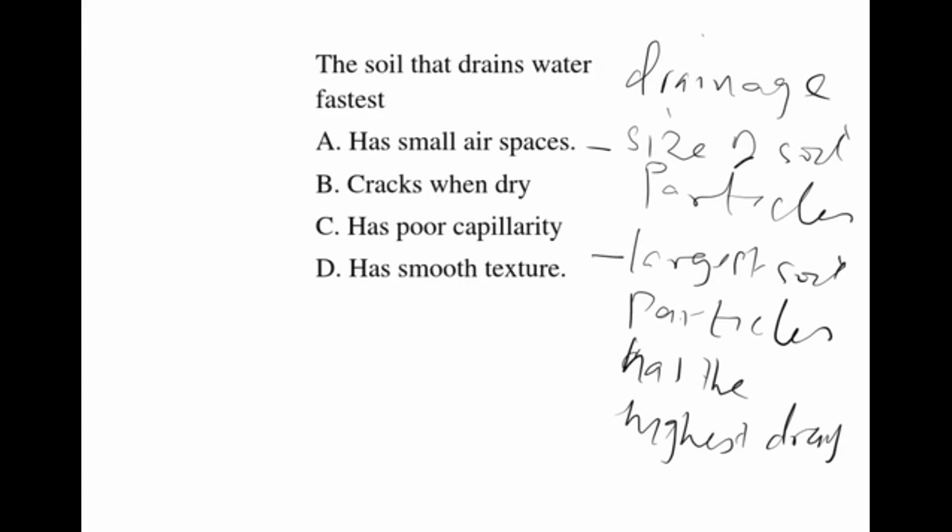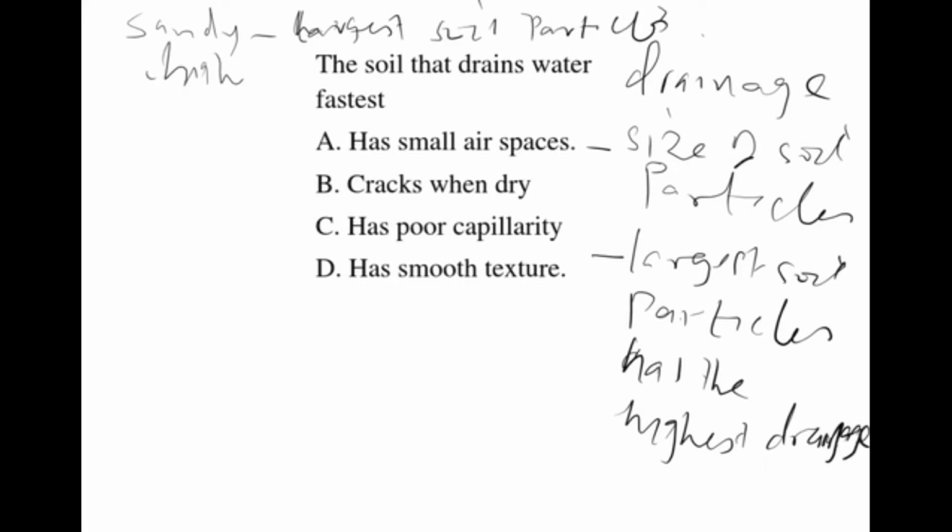So when we look at the three types of soil, sandy soil has the largest soil particles. Therefore, it has the highest drainage. It allows water to pass through it very quickly.